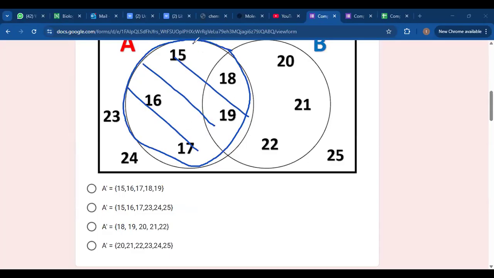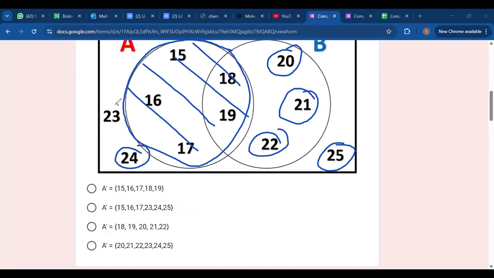So what will be inside the complement of A? That's going to be 20, 21, 22, 25, 24, and 23. So what's the correct answer for this one? That looks like D. That's the correct answer.